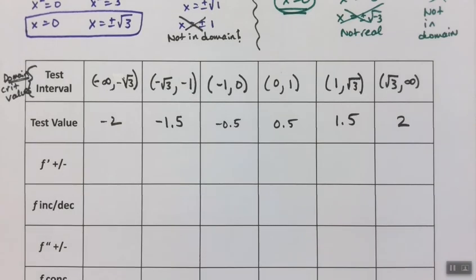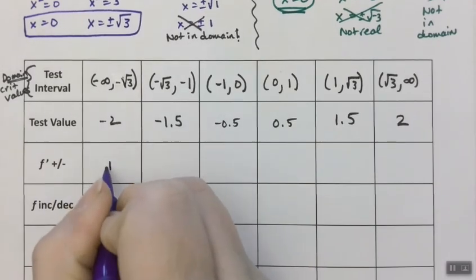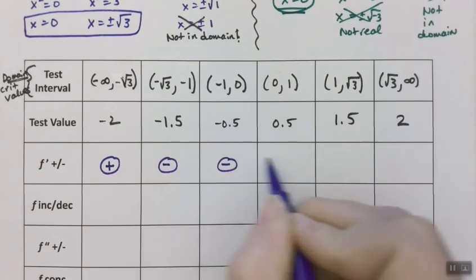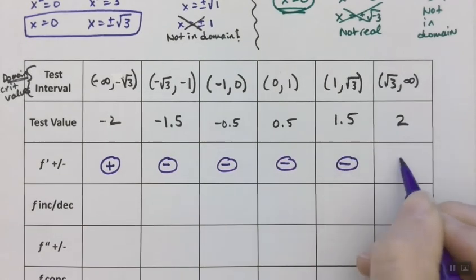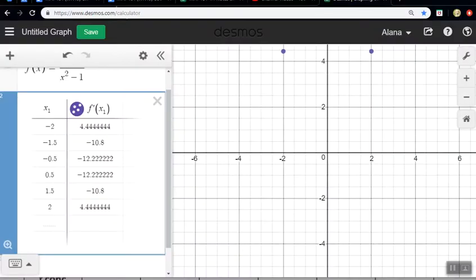Okay, so where was f prime? F prime was positive 4.4 here, negative, negative, negative, negative, positive. Let me double check. Yeah, positive, negative, negative, negative, negative, positive.